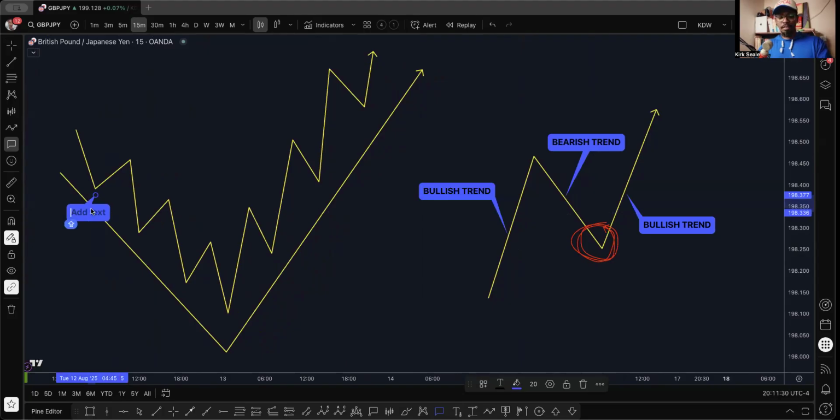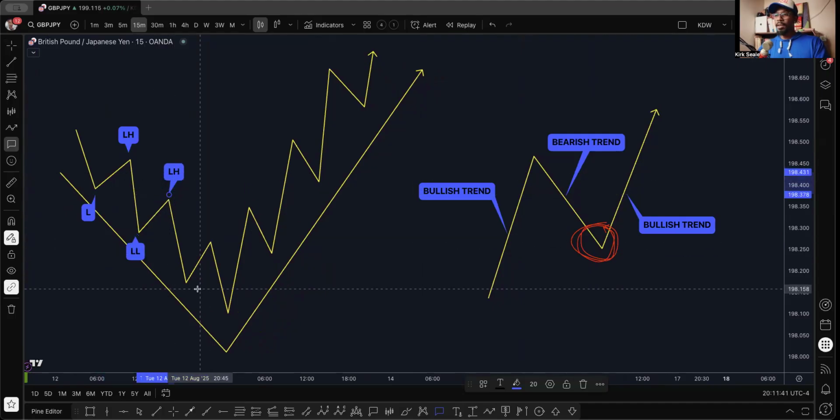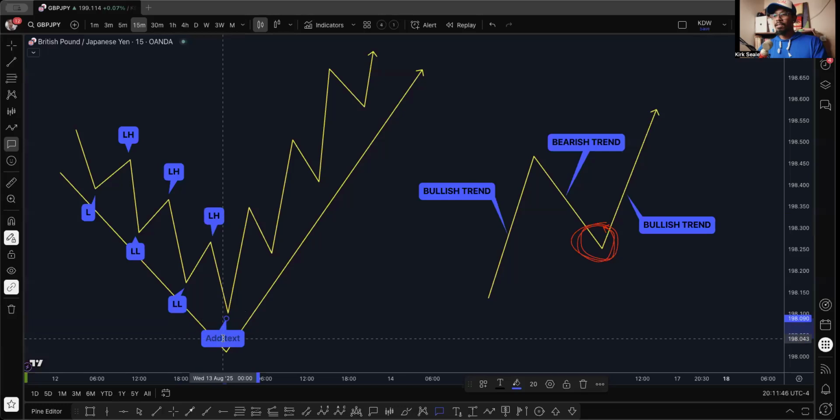So we know that if this is a downtrend, this is a low, this is a lower high, lower low, lower high, lower low, lower high, lower low. What's this? Is this a lower high?